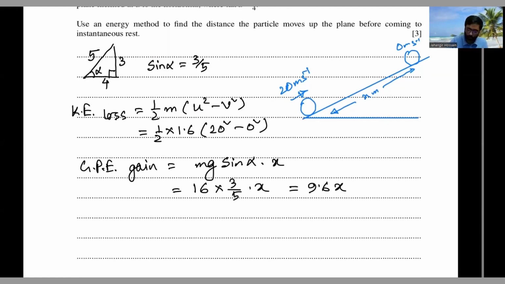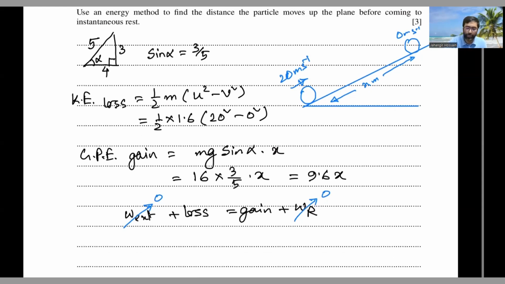Now, if we consider the changes in energy, remember the original formula: work by external force plus loss equals gain plus work against resistance. We do not have any external force here, so work by external force is 0. There is no resistance, so work against resistance is 0.